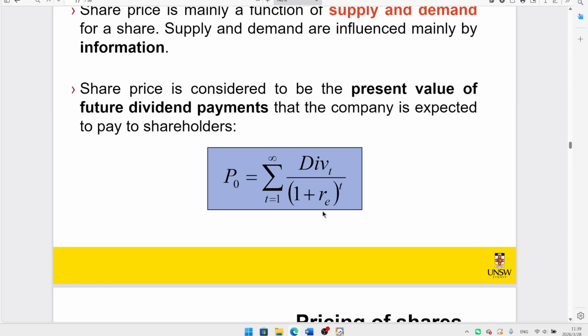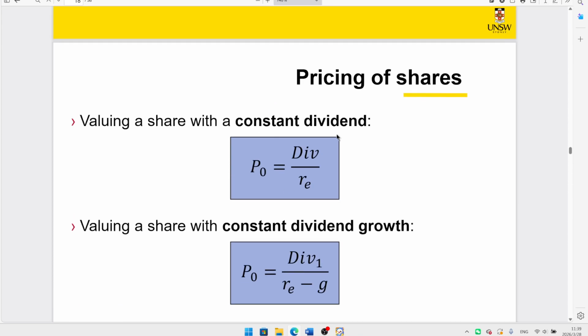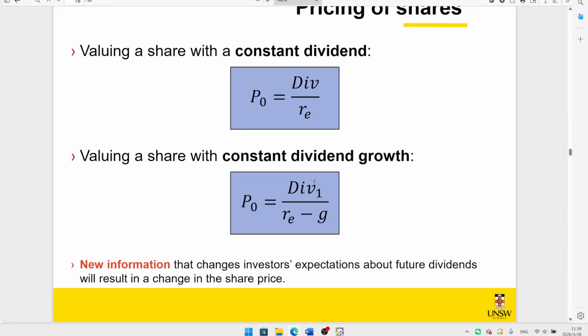Next, after the tax, we'll discuss the price of a share. We do not need to use the calculation for the constant dividend. The share price for constant dividends is the dividend divided by the rate, and for constant dividend growth it is the dividend divided by the interest rate minus the growth.